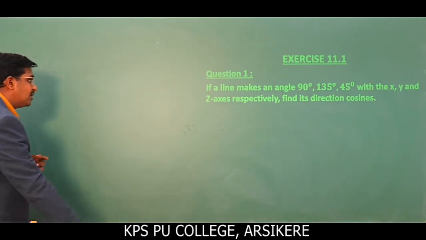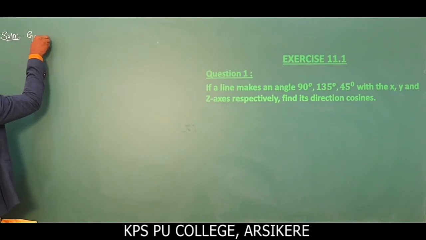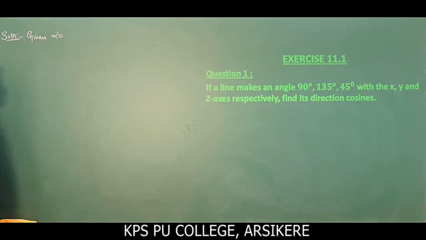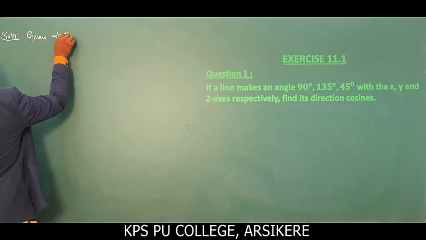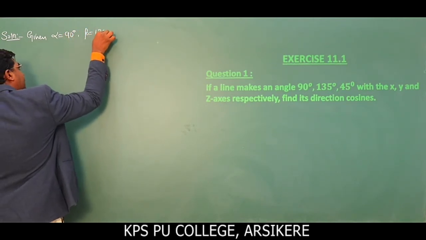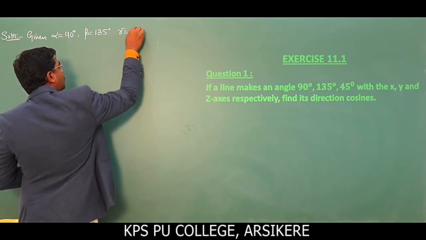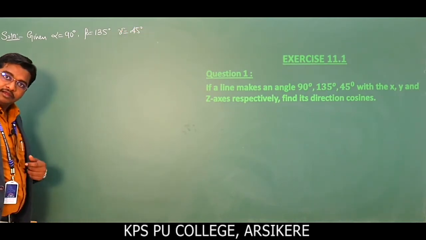So directly we can take what is given. Alpha is equal to, tell me what is alpha here? Very good, that is 90 degrees. Beta is equal to 135 degrees and gamma is equal to 45 degrees.